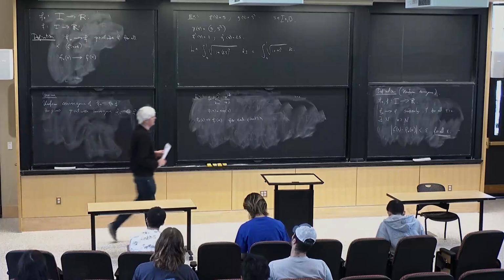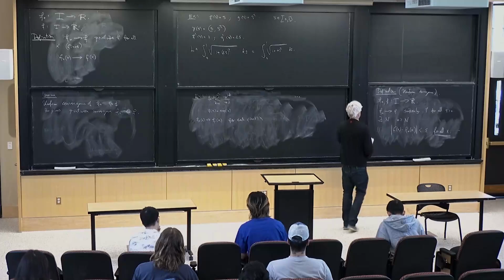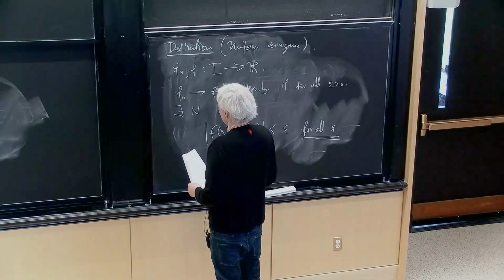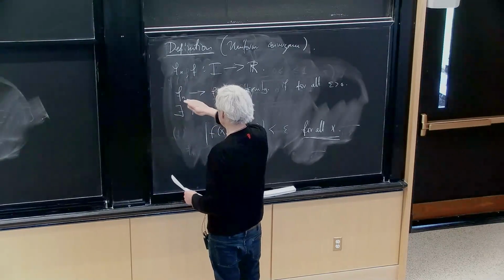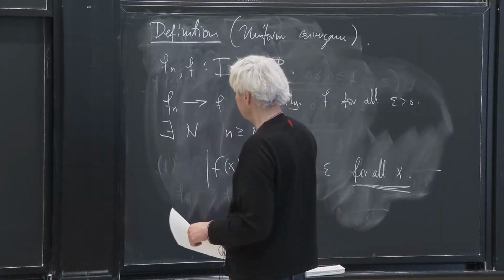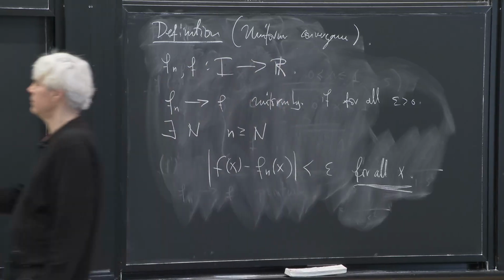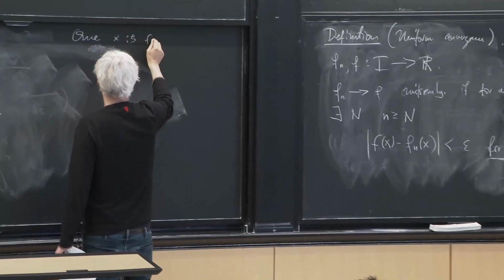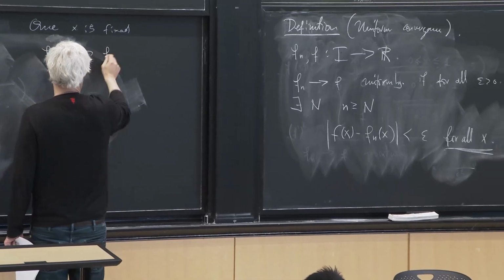That's really just the definition. Here I've written out what it means to have uniform convergence. If it was pointwise convergence, then you have these functions again, and you have that this converges to that pointwise. It means that once x is fixed, the sequence fn of x converges to f of x.